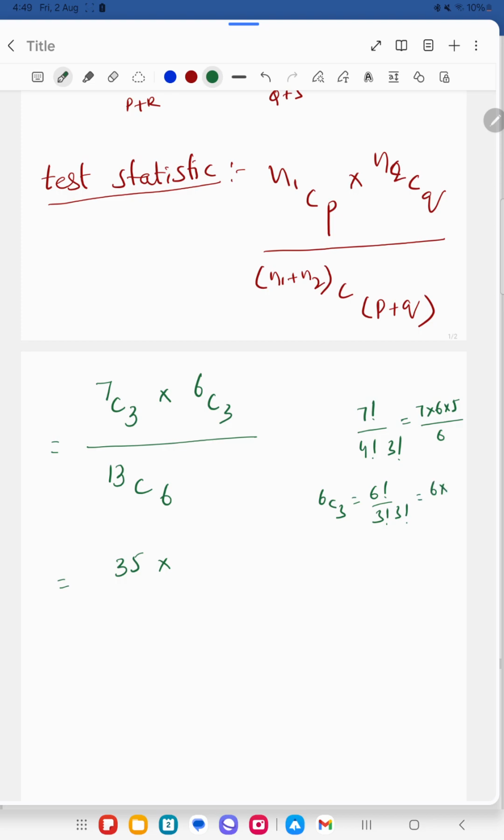So 6 into 5 into 4, the remaining 3 will be cancelled, divided by 6, so 6 times 5 is 20, divided by 13C6. 13C6 means 13 factorial by 13 minus 6, 7 factorial into 6 factorial. So this will give us 13 into 12 into 11 into 10 into 9 into 8.